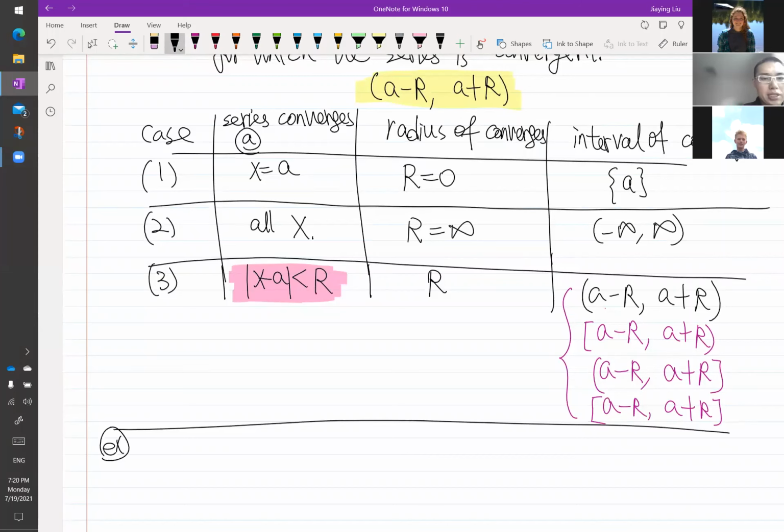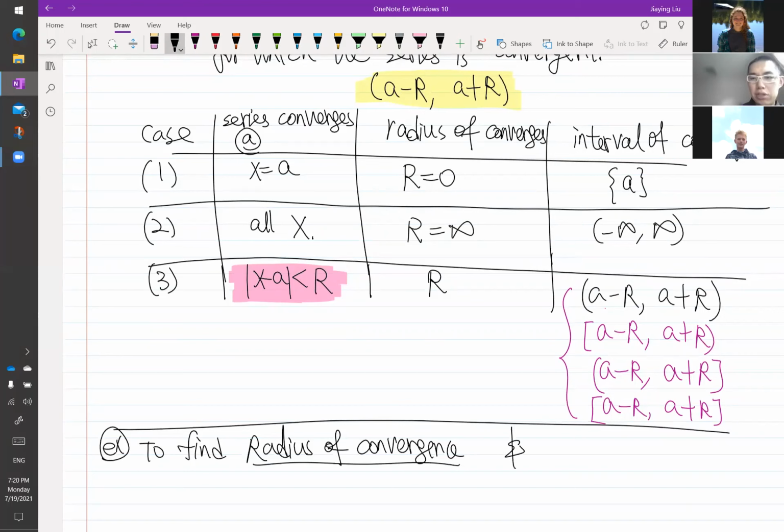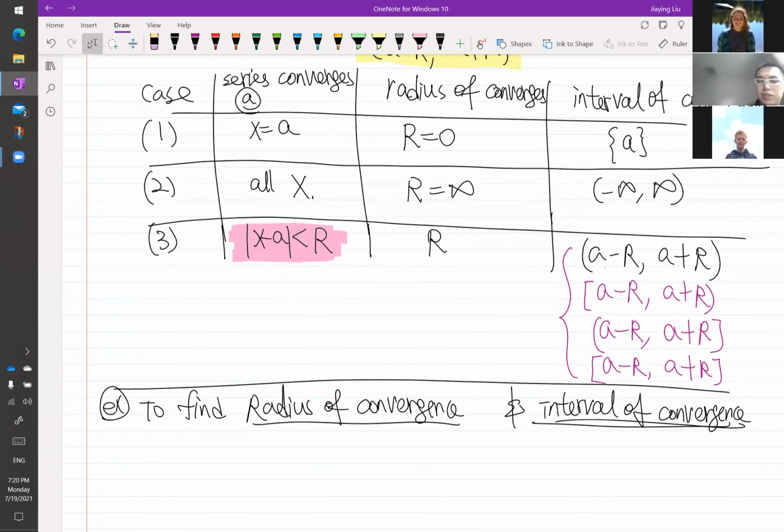So the exercise is to find the radius of convergence, that's the first thing, and also we're going to find the interval of convergence. We're going to find both of those for the series given.